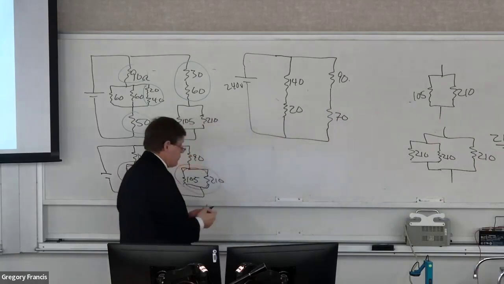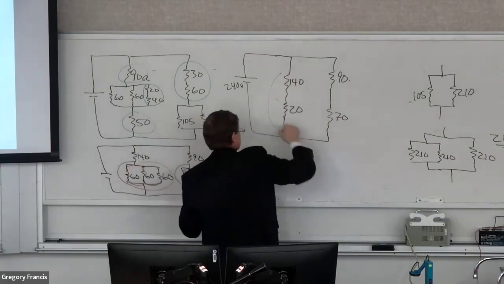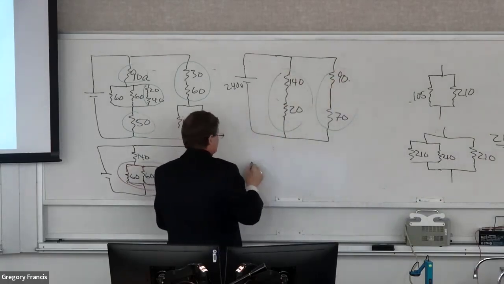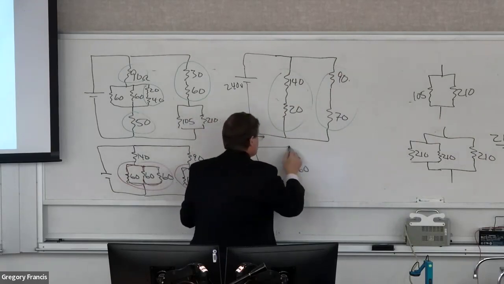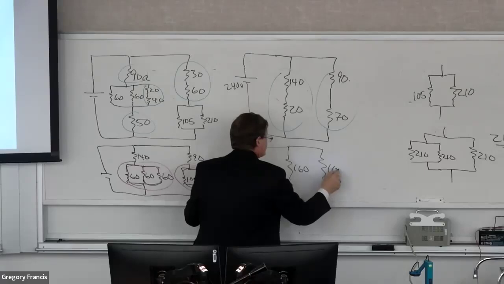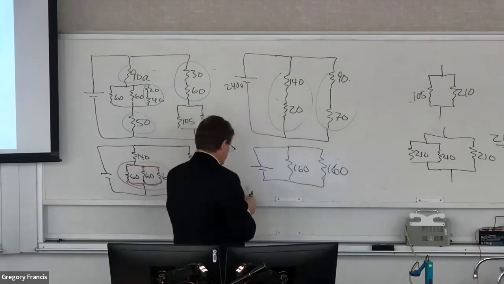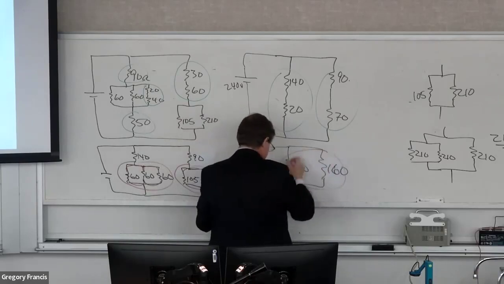And then I ask the same questions again. What's in series? Well, this is in series and that's in series. So now it looks like 160 and 160. And then I ask what's in parallel. Well, obviously these guys.